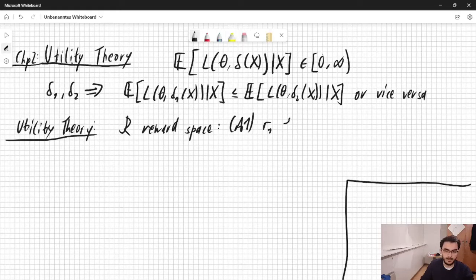So we have an ordering, which I write by this sign, which means we prefer R2 over R1, or we prefer R1 over R2. And this is true for any two elements in the reward space.